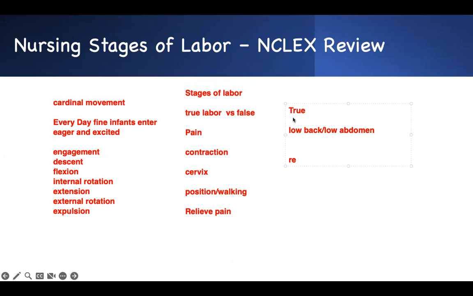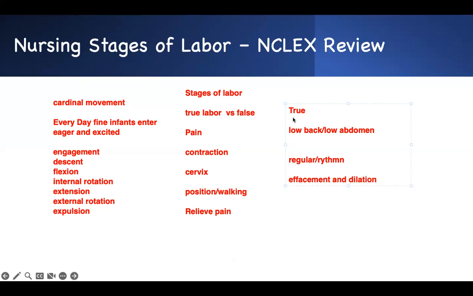The contraction should be regular, right? And then it should have a rhythm, okay? It should have rhythm, so it's rhythmic. So it has a rhythm consistently. And the key, okay, there should be effacement and dilation of the cervix.